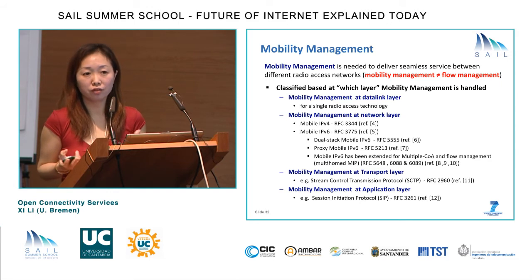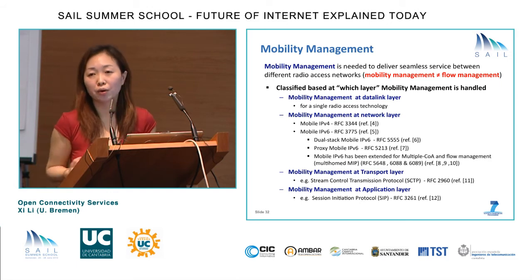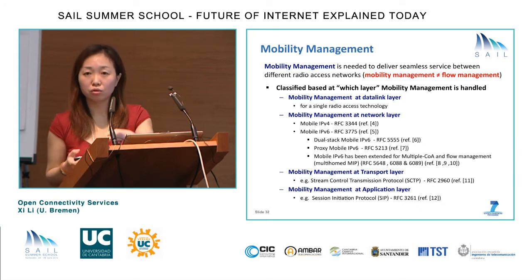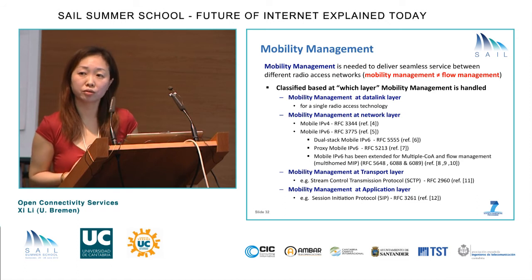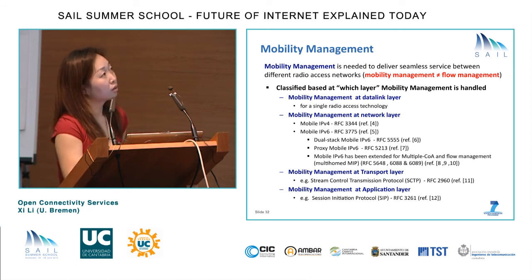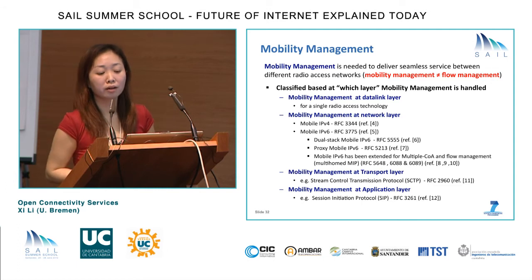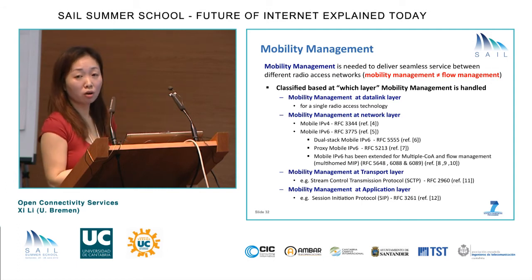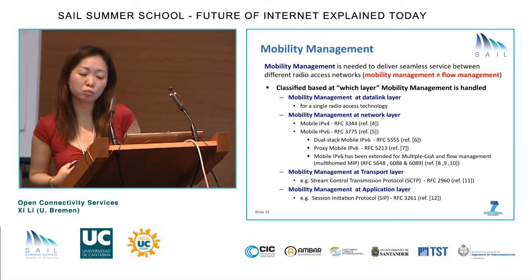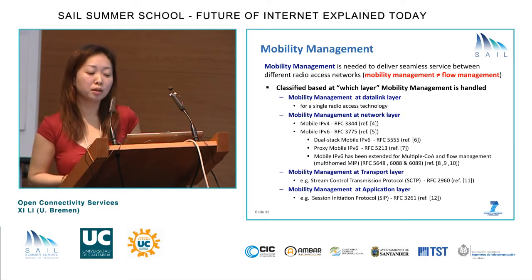It can be a fixed user which has multiple access connections, and it still needs the function of how to distribute flows by utilizing all the available access networks. So we should keep in mind that mobility management does not equal flow management, but the other way around, flow management will require the support of mobility management in case the user is moving.